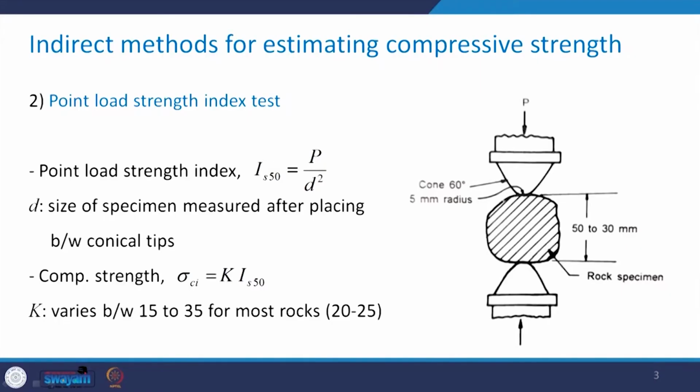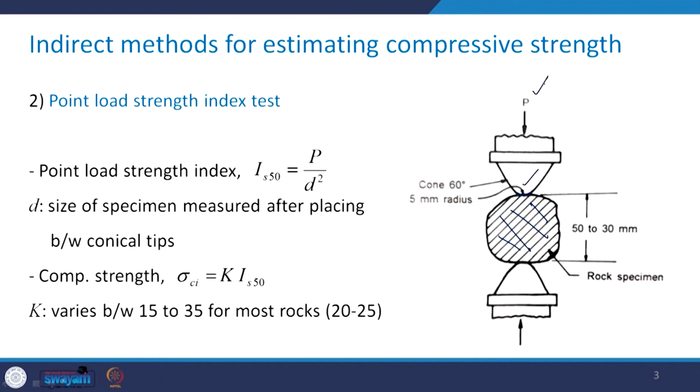As I mentioned, this is the line sketch. Here is the rock specimen, which may have the dimension from 30 mm to 50 mm, and you have the loading platen as the cones which are having 60° apex angle, and this is 5 mm radius.